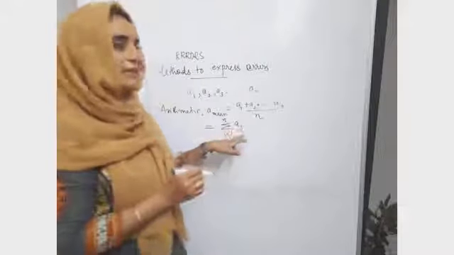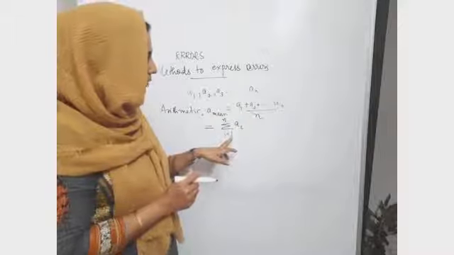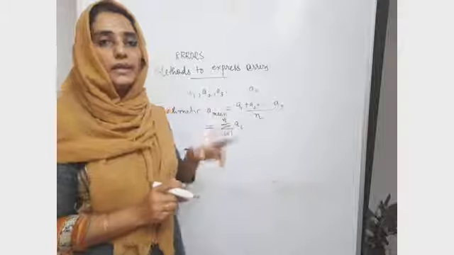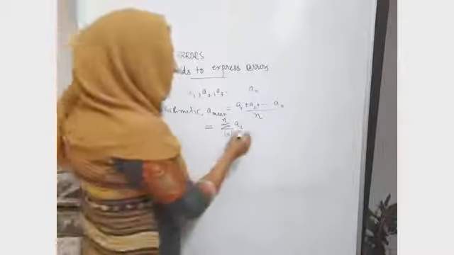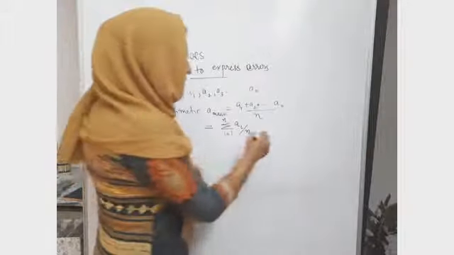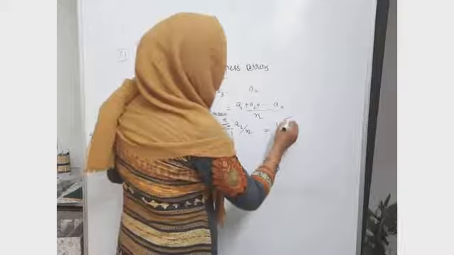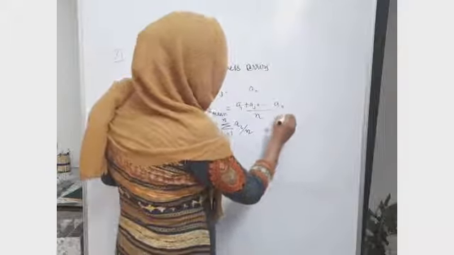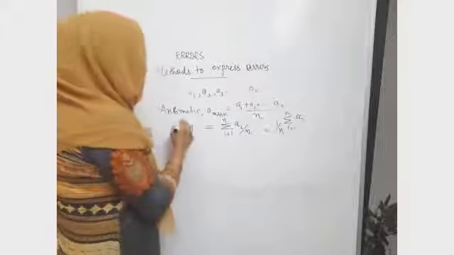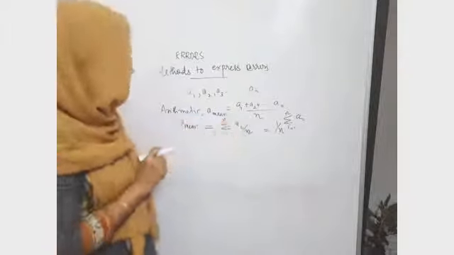A subscript i, in the sense that the first value will be A1, the next value will be for i equal to 1 plus 1, that is A2, and so on until you get the last value, the nth value, whole divided by n. Now this 1 by n is a constant, so it can be taken out. So you can write 1 by n into sigma i equal to 1 to n of A i. This is the expression of arithmetic mean, A mean, in the form of sigma notation.